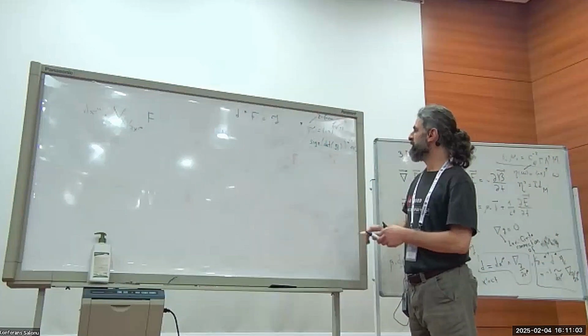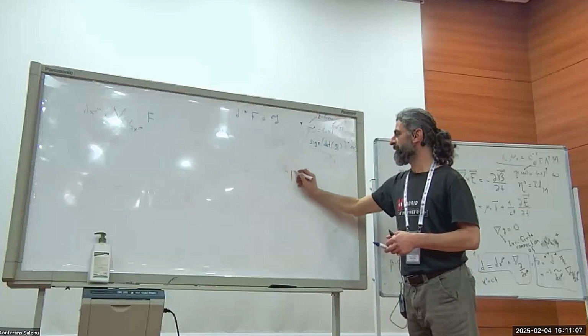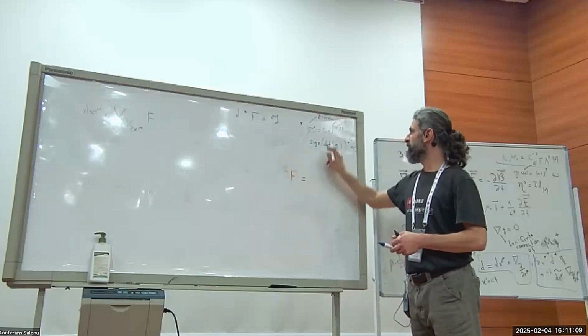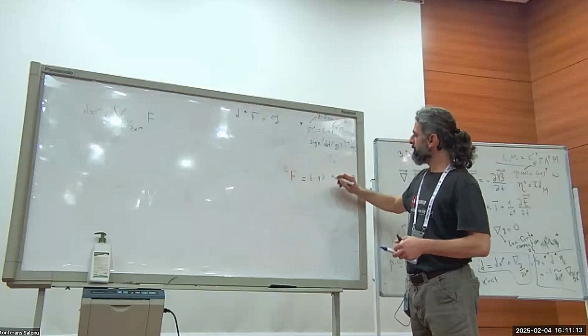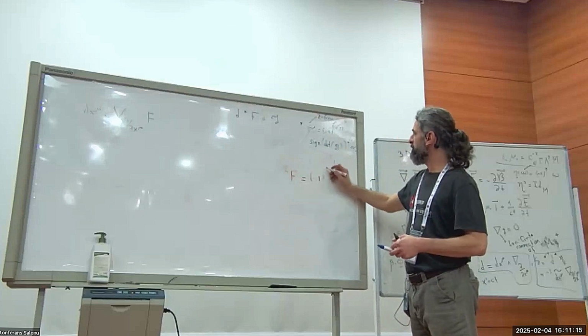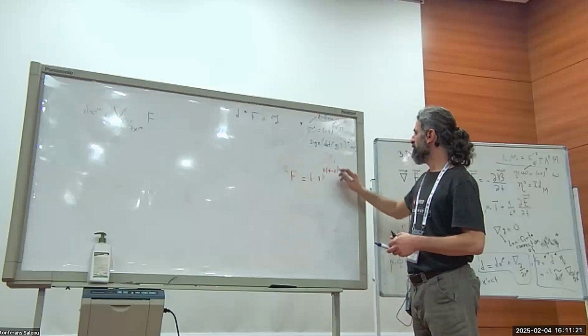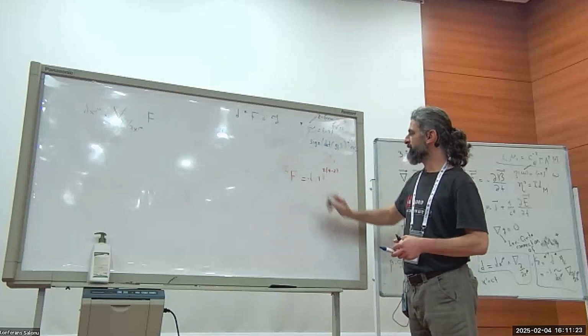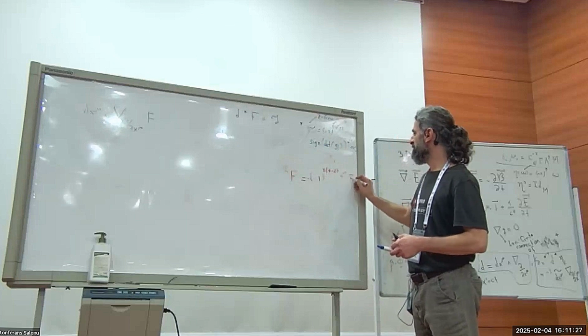So the formula now reads, star F is equal to minus 1 to the power 2 times 4 minus 2. There is also a minus sign here. The inverse Hodge map, F.